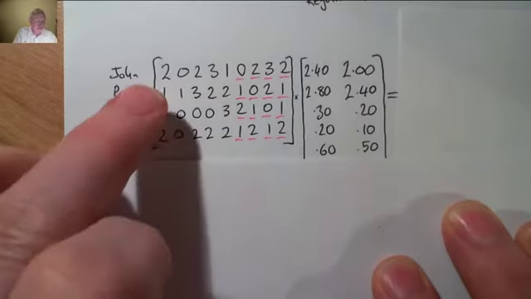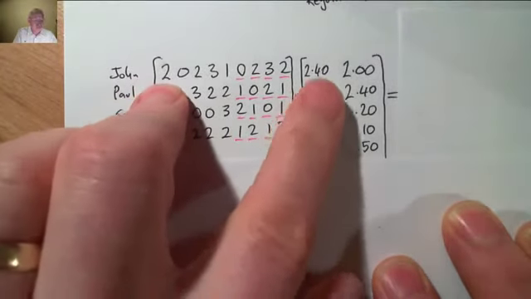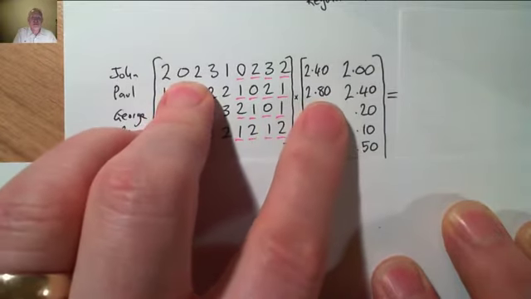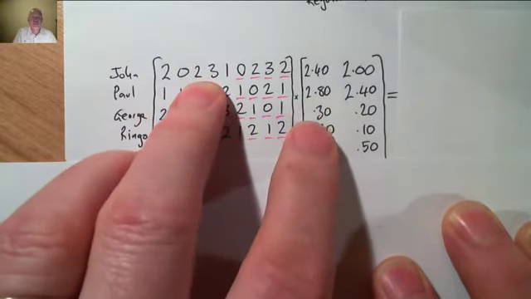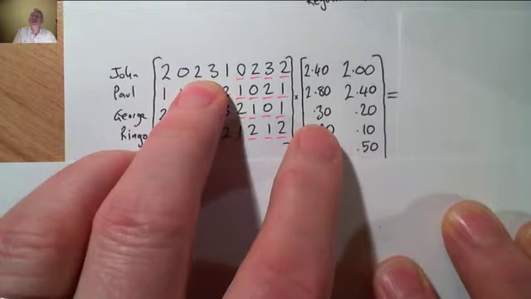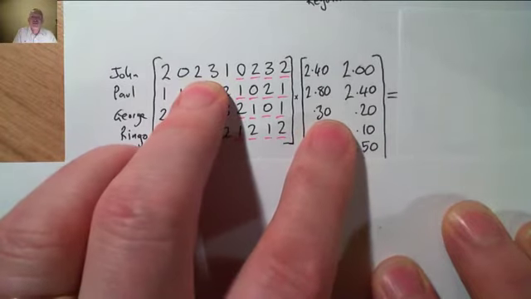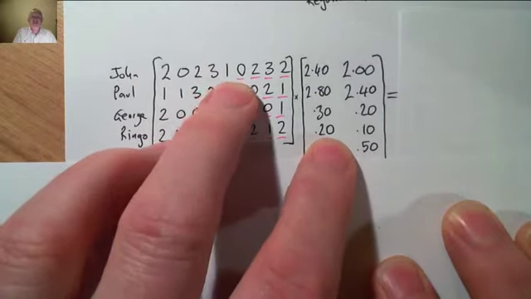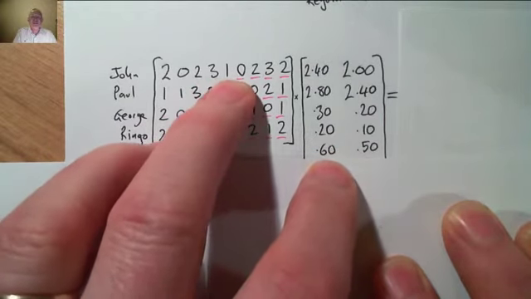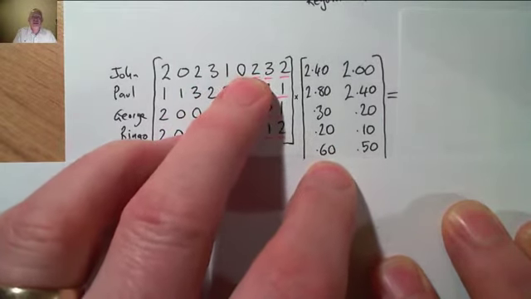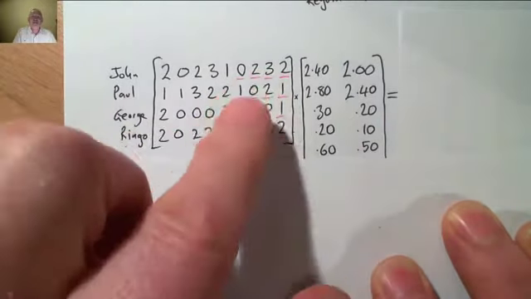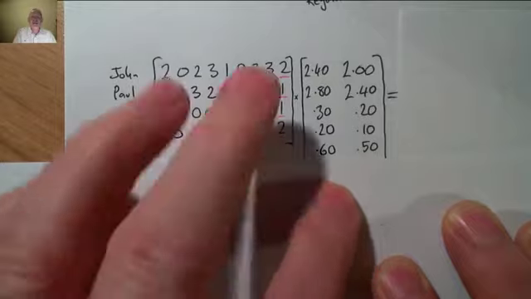So I could start by saying that's 2 cups of tea at $2.40 plus 0 cups of coffee at $2.80 plus 2 milks at 30 cents each, 3 sugars at 20 cents each, 1 biscuit at 60 cents each, no muffins, 2 cakes at, well, hang on, I can't multiply it.